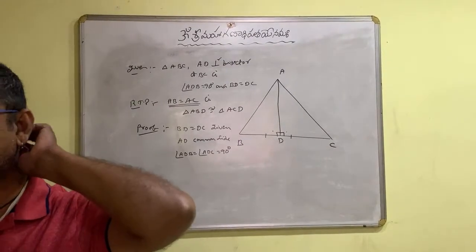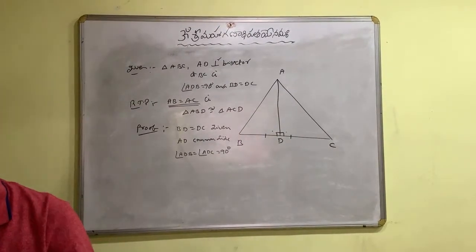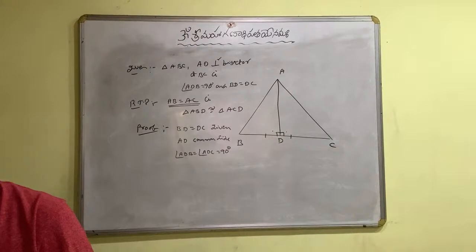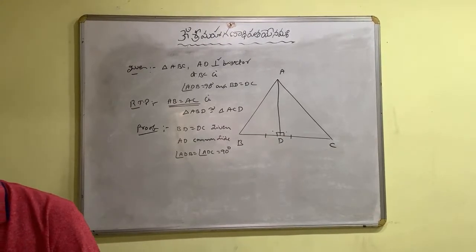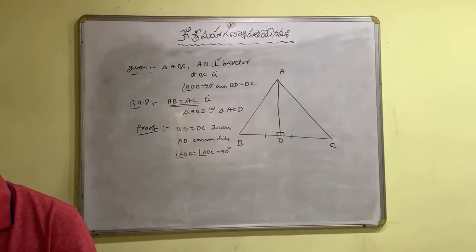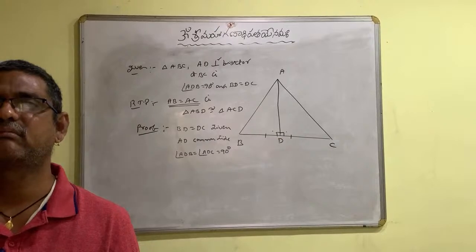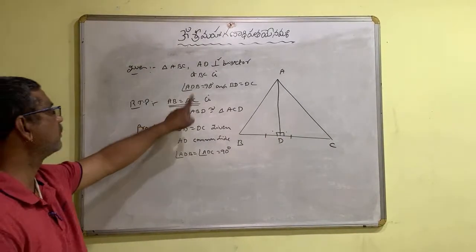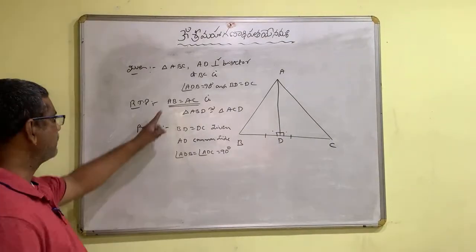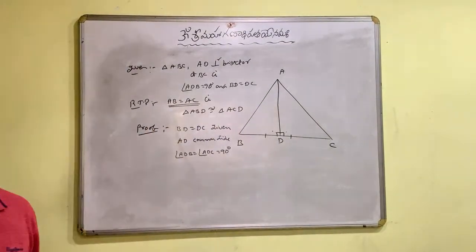Angle B equals angle C only if it is an isosceles triangle, that is, if AB is equal to AC. It is not given that they are equal. We need to prove AB equal to AC. If AB equals AC, then angle B equals angle C. How can you take it?